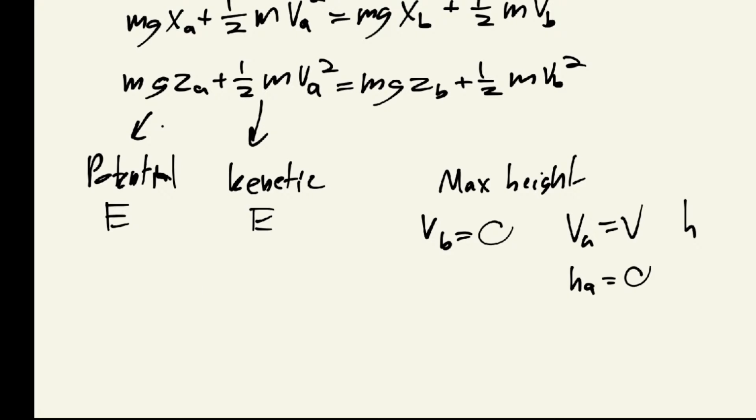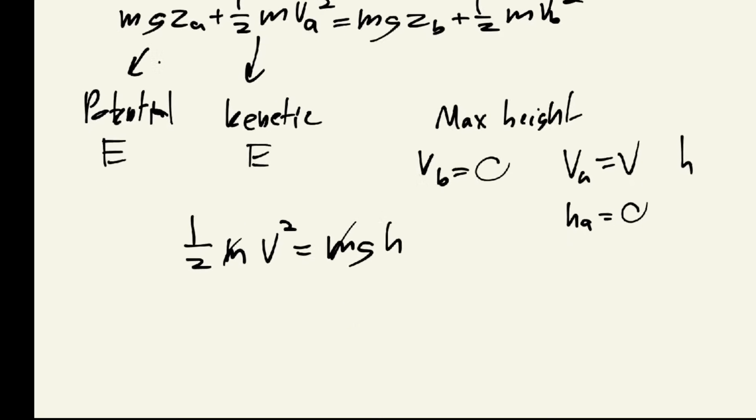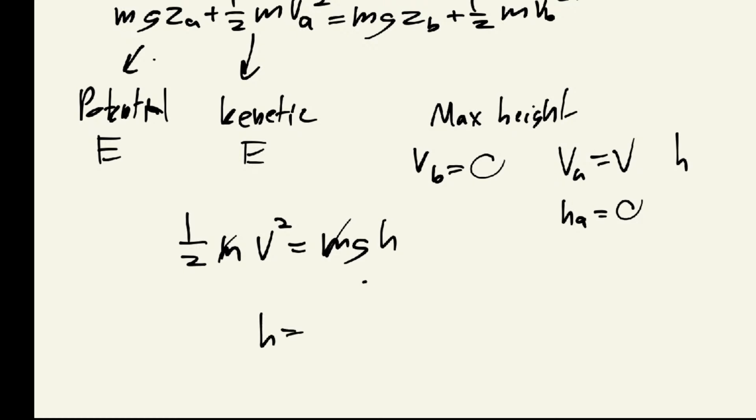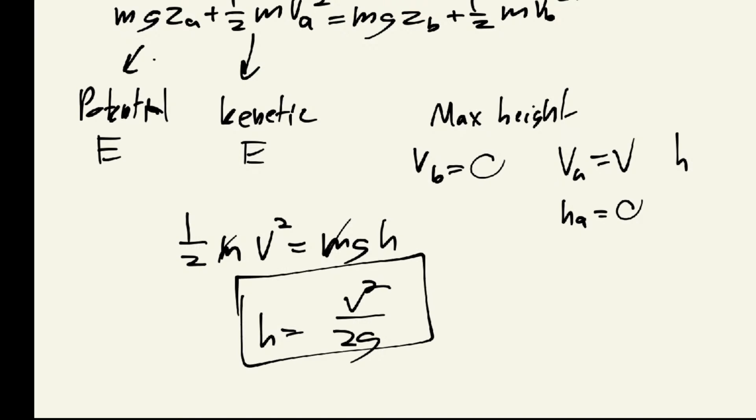So we say that 1 over 2 mv squared equals mgh, right? And so if we're trying to solve for h, we cancel the m's, and we get that h equals v squared over 2g. And wasn't that super simple, as opposed to what we would have had to do with our kinematic equations? It's much easier to do with energy.